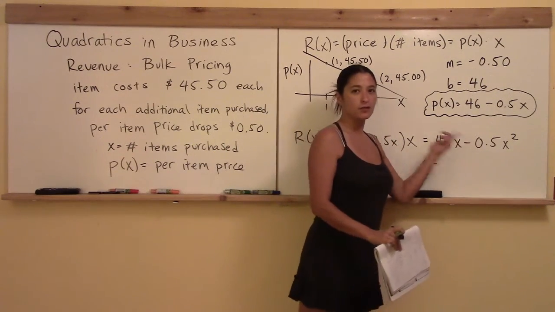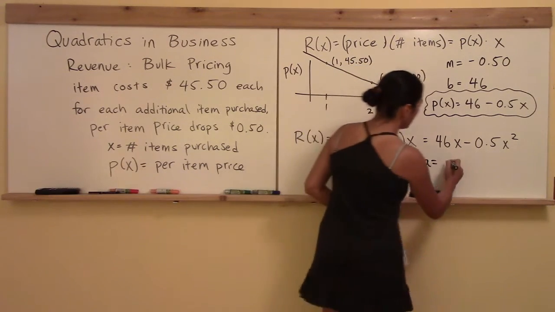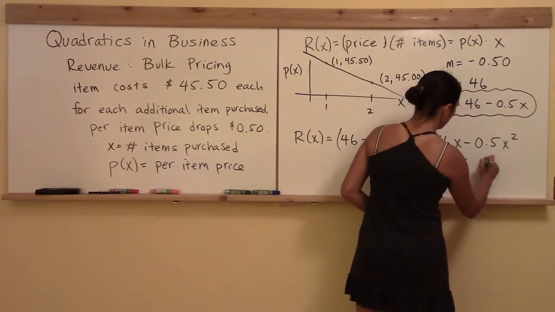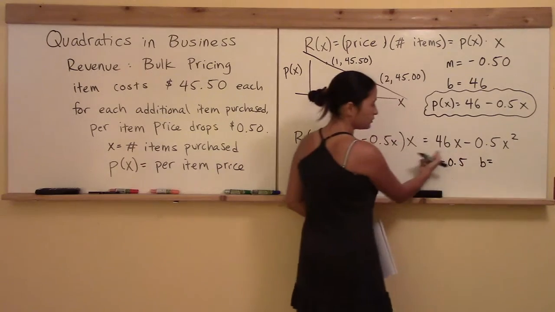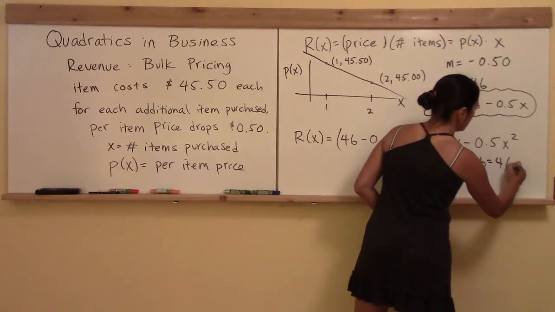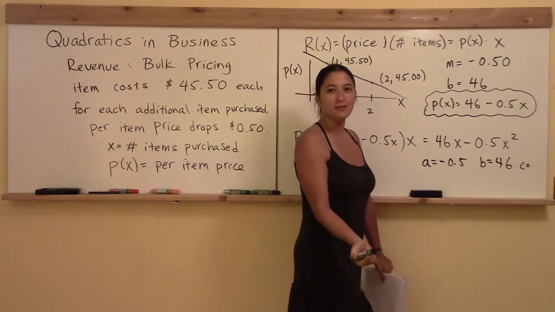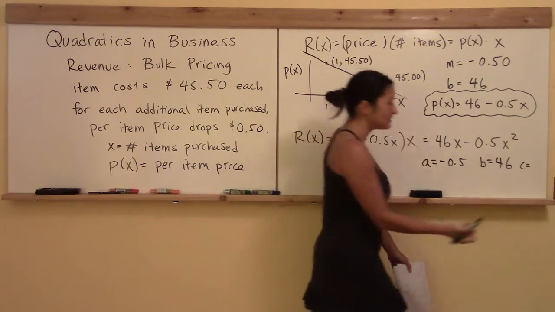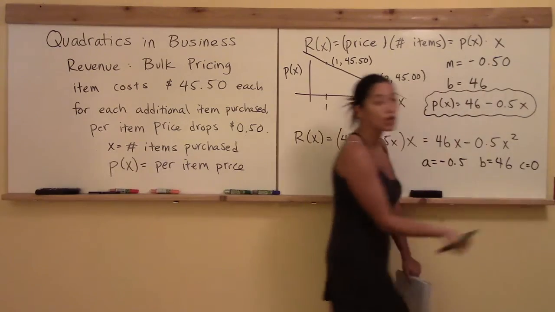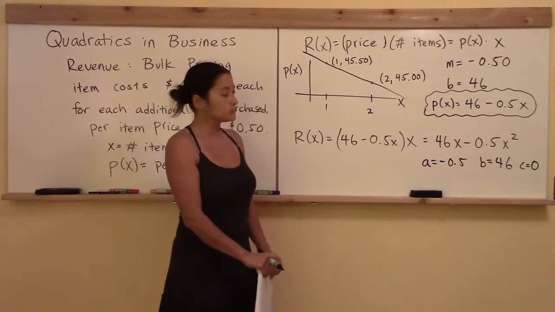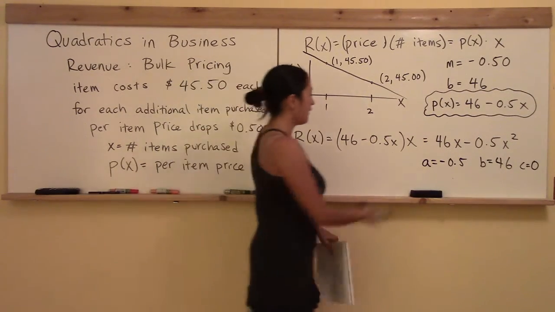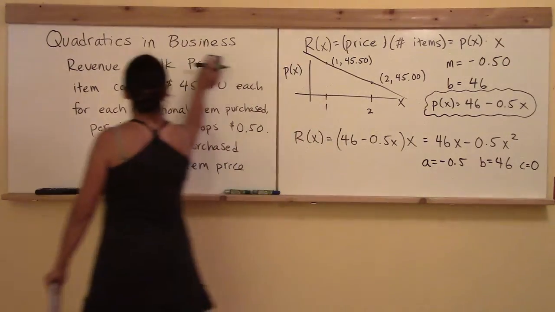Even though this is out of order here, I have to keep that in mind. So the a is minus 0.5. The b goes by the linear term here, that's 46. And what's the c? I don't see the c, but it doesn't mean it doesn't exist. The c, actually it's hidden there, is 0. It's just adding 0. So you still have the a, b, c there, and maybe we will have to use them.